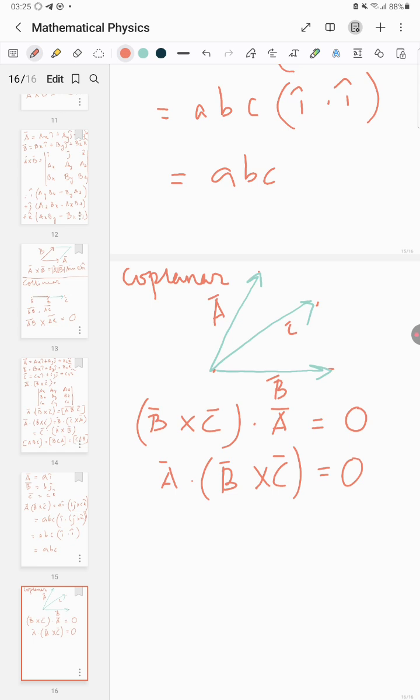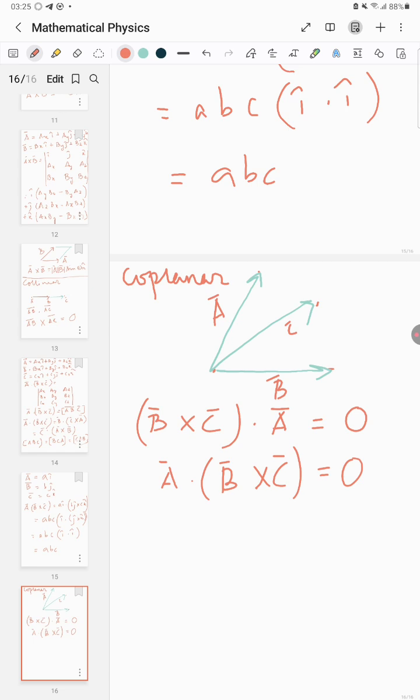Physically, what does it represent? It represents that it has got no volume, because the concept of volume is in 3D, and coplanar means they all lie in the same plane. In one plane you cannot actually have volume.